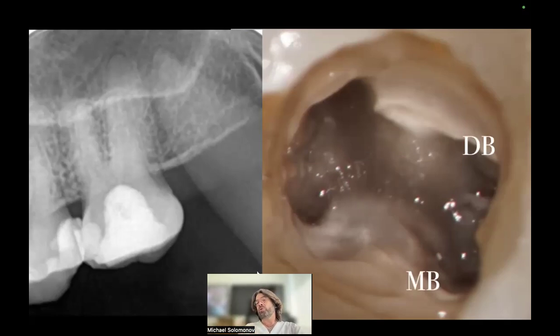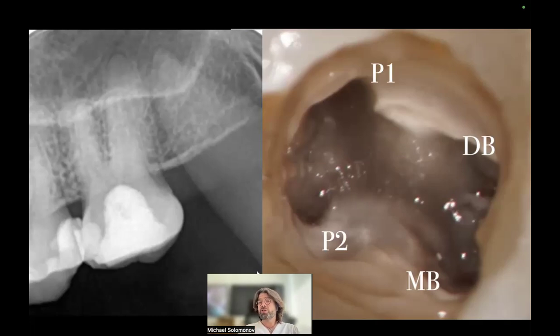But in the palatal part, we have three possibilities. One of them is a very rare one, when we have two different palatal canals, P1 and P2, and we know from the literature their prevalence is very low. In some research that I just finished in Israel, in the Israeli population it was about 0.02%.